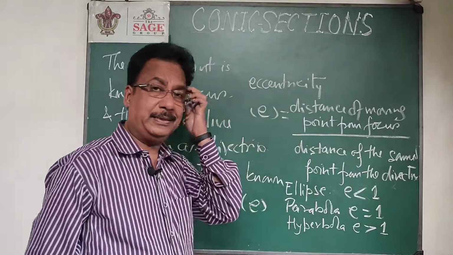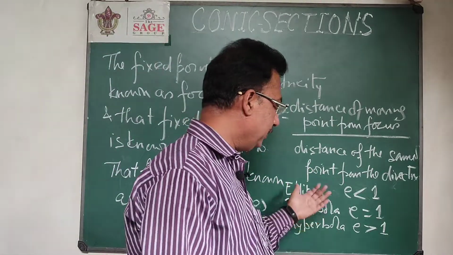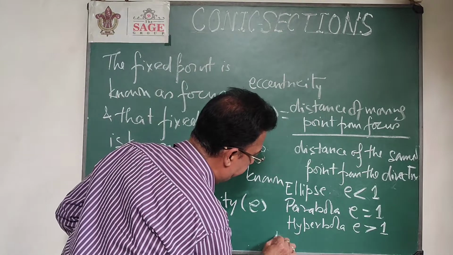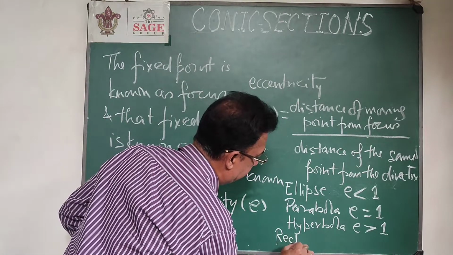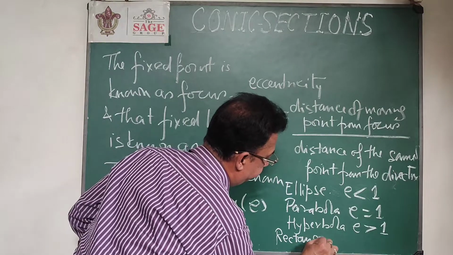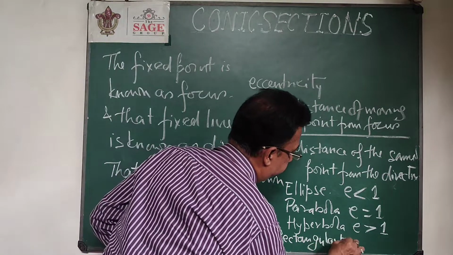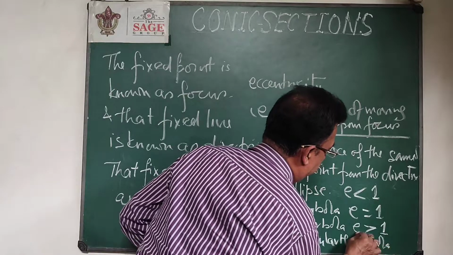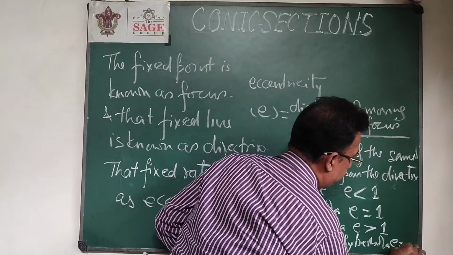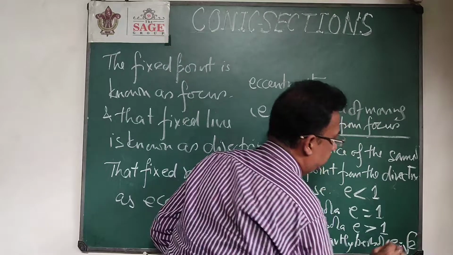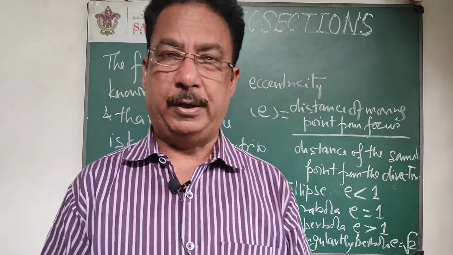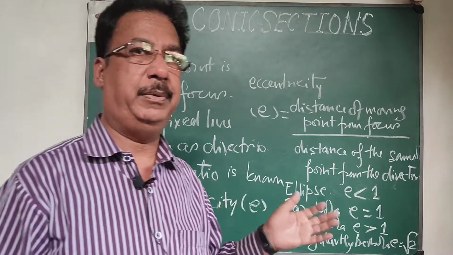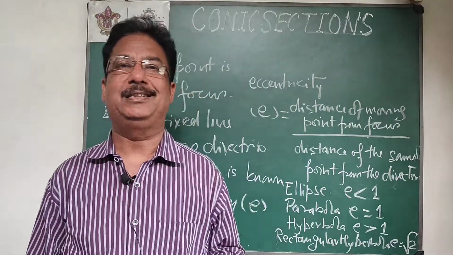So with the help of eccentricity we can define all three curves: ellipse, parabola as well as hyperbola. One special type of hyperbola is known as the rectangular hyperbola, for which the eccentricity will be equal to root 2. So I hope you understand the concept. Conic sections can also be defined with the help of eccentricity.